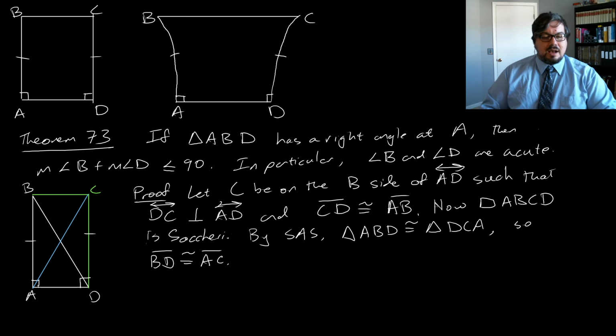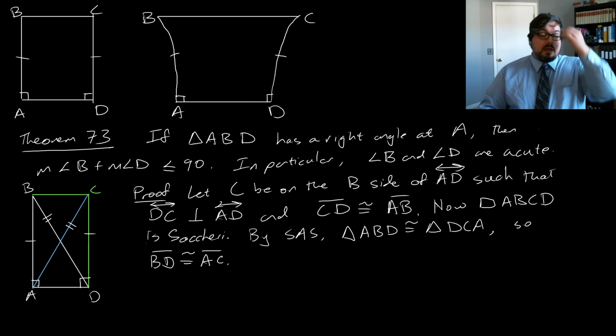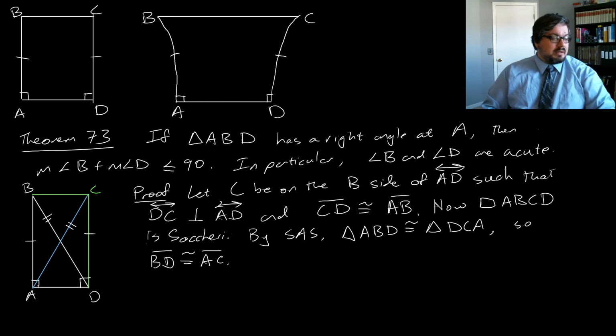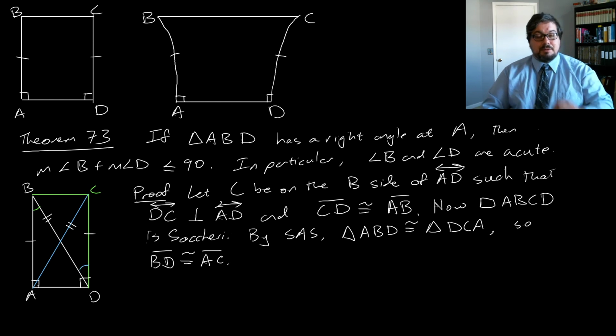So now we are going to use the Hinge Theorem, and we're going to look at the angle ABD, which I'll note here in green, and the angle CDB, which I'll note here in blue.